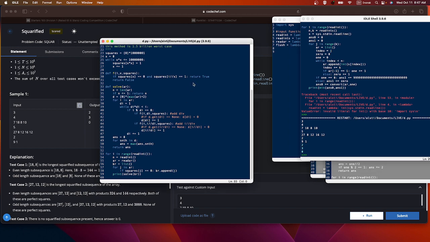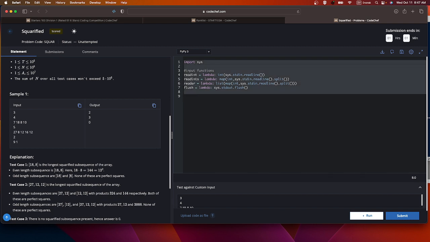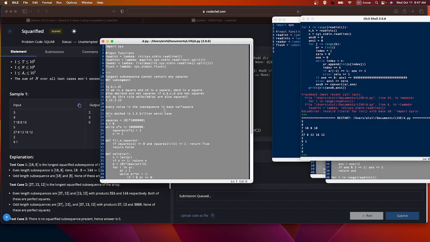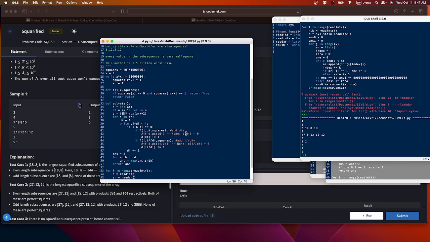I mean, this does work. 2, 3, 0. The issue here is there's such an easy way to memory limit exceed. Okay, what's... okay, TLE instead. That's another possible.